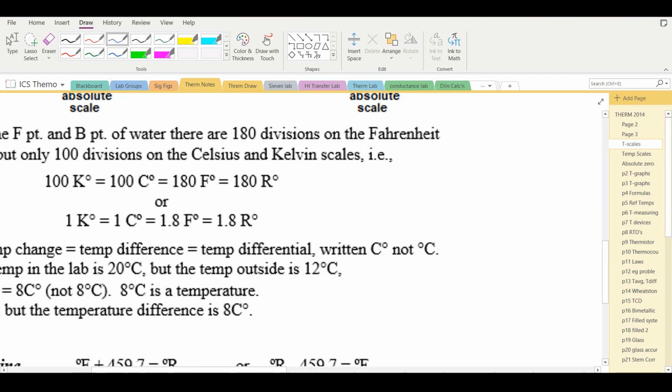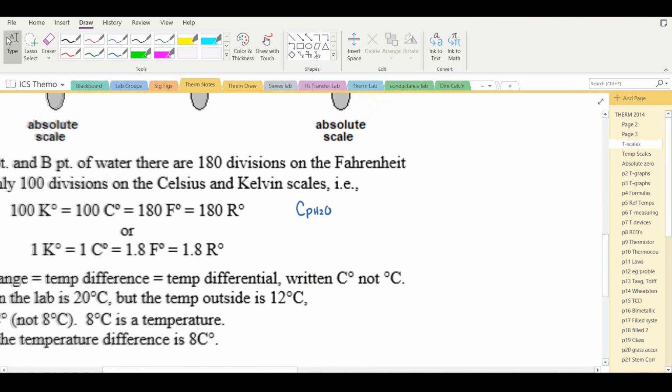For example, the heat capacity of water is 1 calorie per gram Celsius degree. It means it takes 1 calorie of heat to raise 1 gram of water by a temperature change of 1 Celsius degree. And so I know that that now means the same thing as 1 calorie per gram Kelvin degree, because a Kelvin degree temperature change is equivalent to a Celsius degree temperature change.